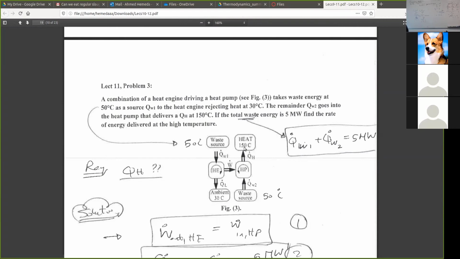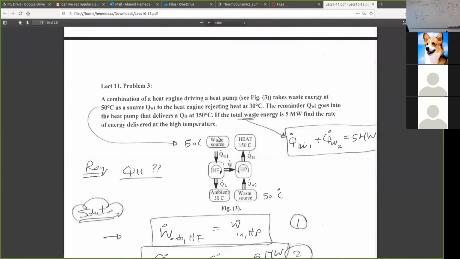Okay? Again, this is waste energy, we don't want it. So I use it to drive the heat engine, get some work. This work will drive a heat pump to get energy at another higher temperature, using the same wastes, two wastes here.